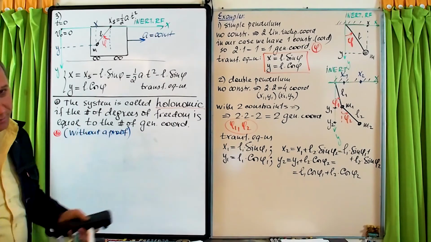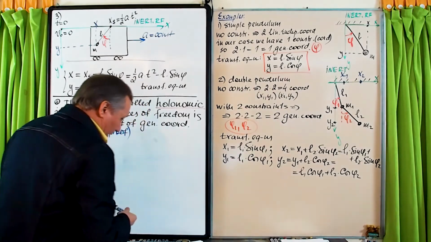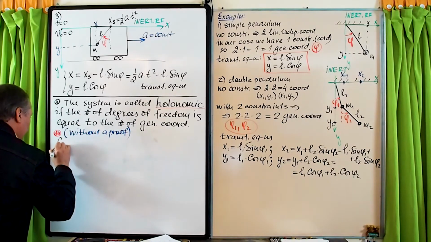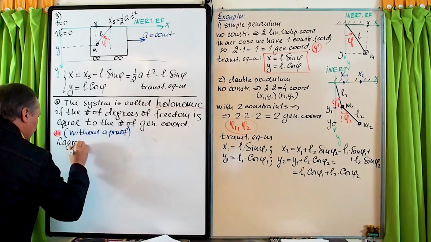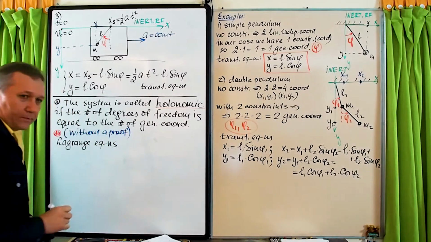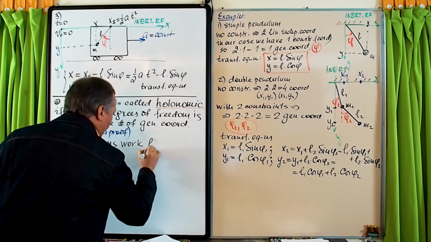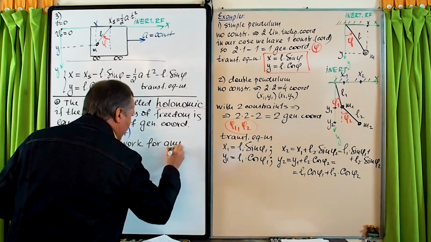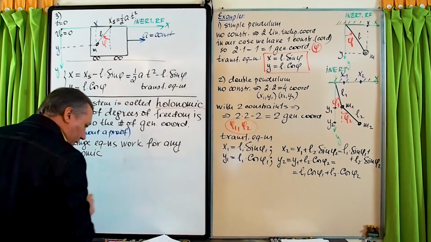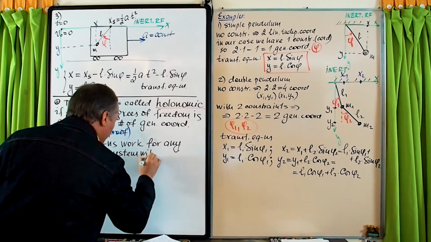If you desperately want, you can read the book. So: Lagrange equations work for any holonomic system with constraints.